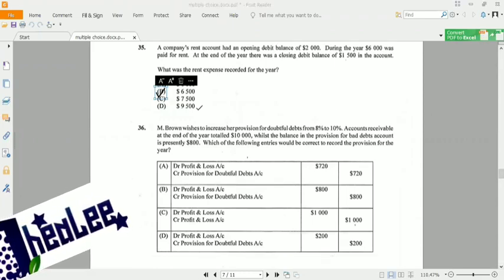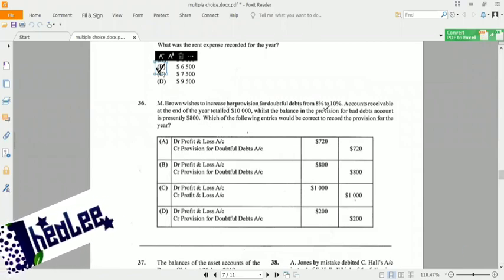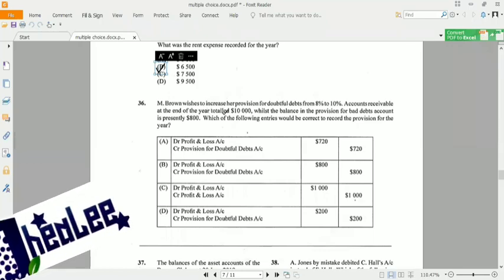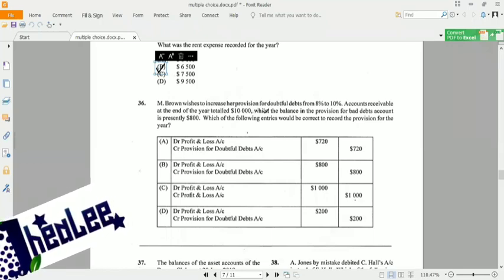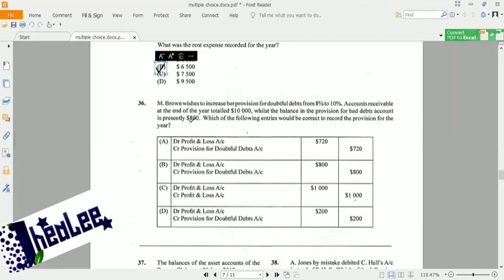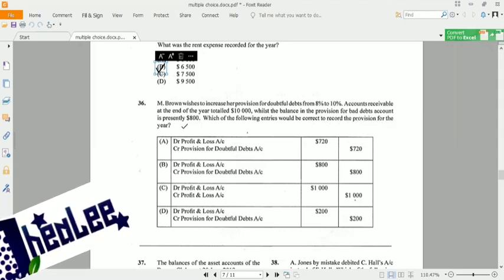Number 36. M. Brown wishes to increase the provision for doubtful debts from 8% to 10%. Accounts receivable at the end of the year total $10,000, whilst the balance in the provision for bad debts account is presently $8,000. Which of the following entries would be correct to record a provision for the year?